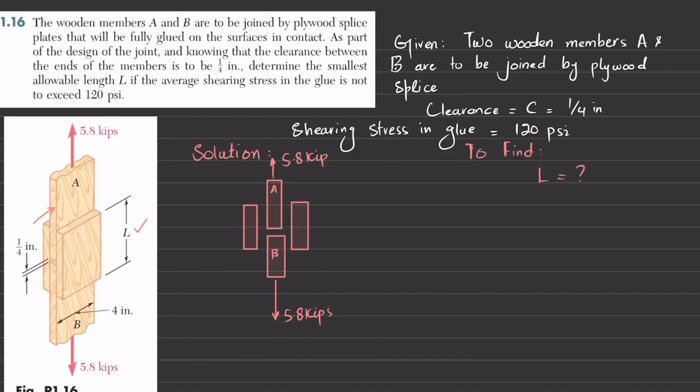So what will happen is this load will be distributed. I will show with in white color. So due to this, the load in B will be in this direction. Load in B will be in this direction. Clear? And here it will be also in this direction.